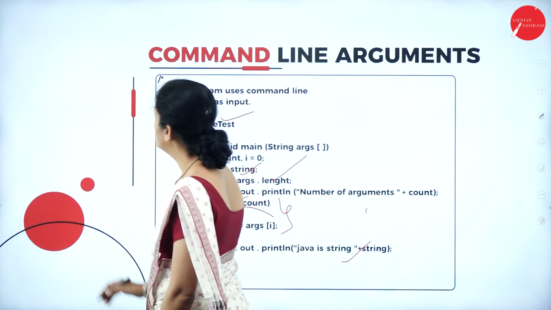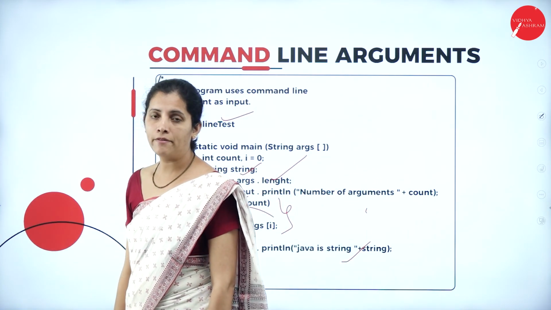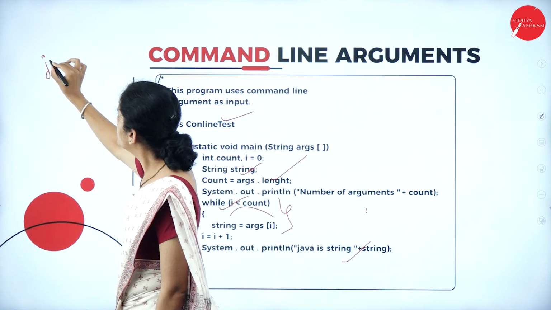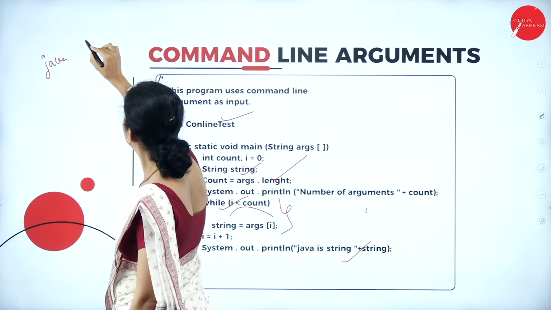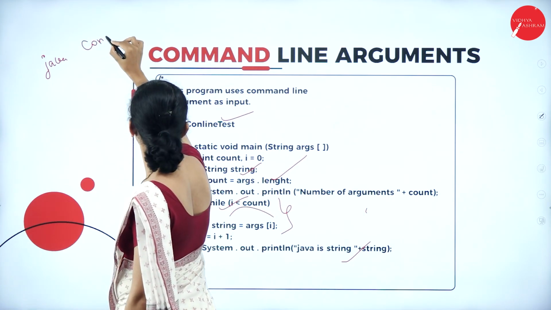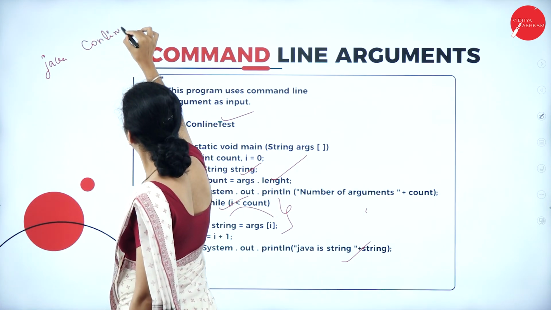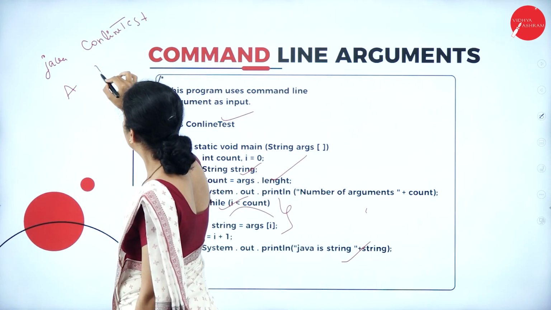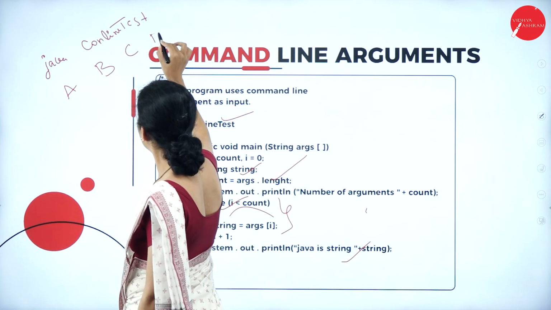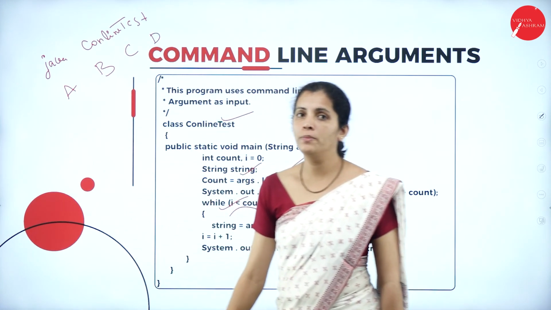For example, think that I have the program java commandlinetest, and I'm going to pass A, B, C and D. So how many arguments do I have?